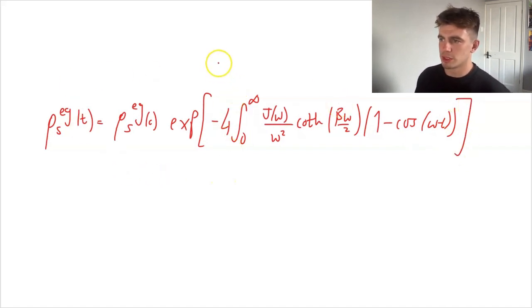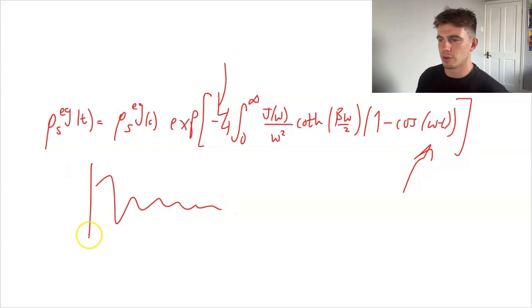So essentially what this tells us is that these elements of the density matrix are going to decay exponentially, but they're also going to oscillate. So maybe it might look something like this, if we imagine this is the coherence as a function of time. So there we have it.